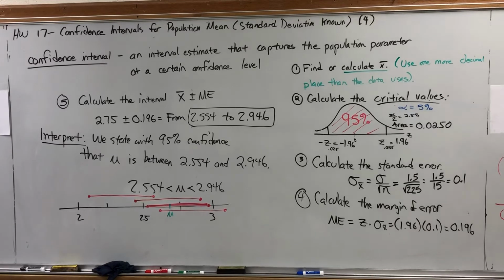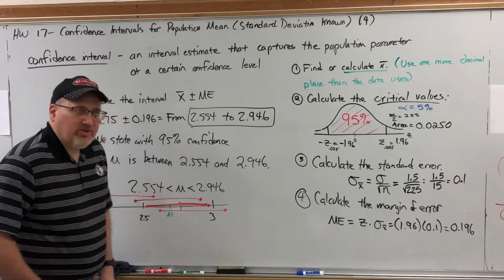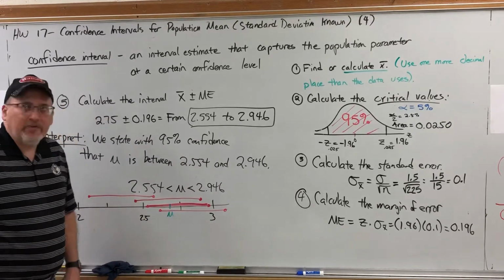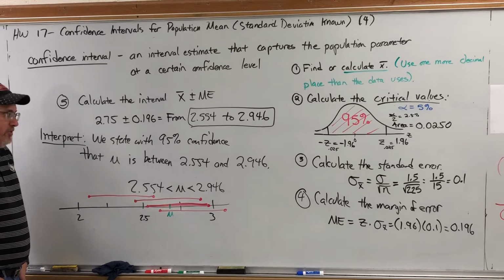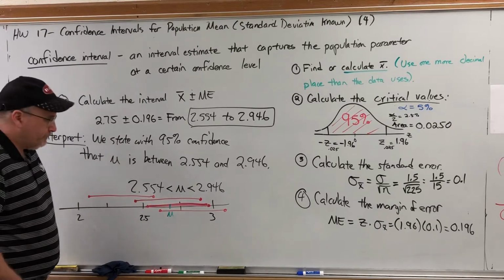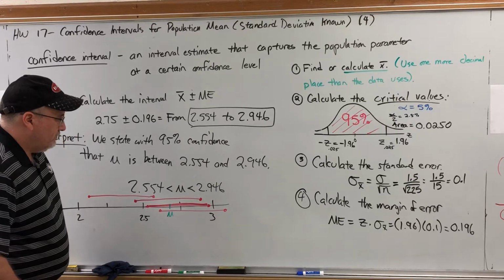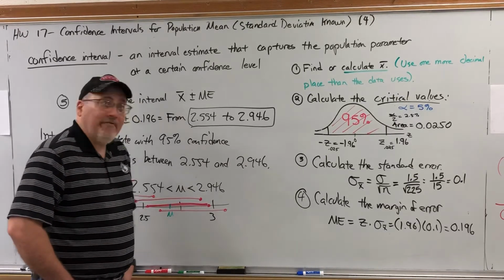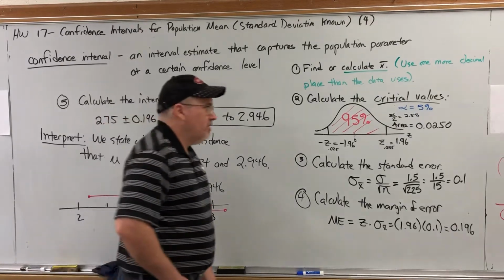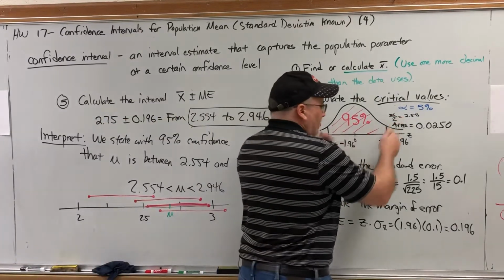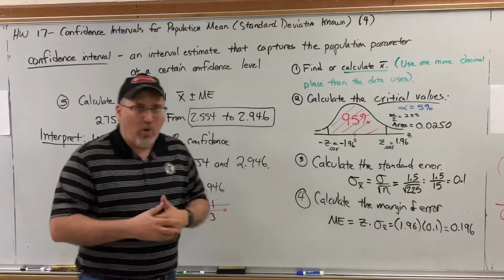A quick comment about the confidence level. What's a good confidence level? 70%, 50%, 99%? Well, there's a trade-off with increasing and decreasing the confidence level. If you increase the confidence level, then you have more confidence that your population mean is in the interval that you have. But by increasing the confidence level, you're increasing the z, which increases the margin of error, which makes it wider.